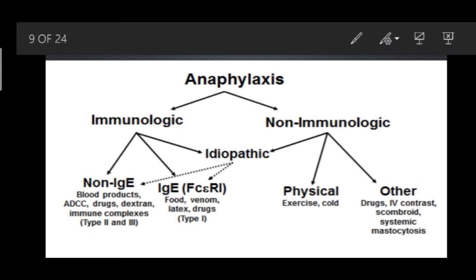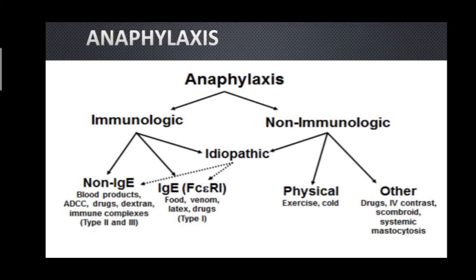In the case of immunogenic, either non-IgE or IgE is involved in the reaction. When blood products, ADCC, which is antibody dependent cell mediated cytotoxicity, dextran, and immune complexes, which are allergic reactions, are present in the body, then non-IgE is involved. And if affected by food, insect venoms, latex, some drugs, those are IgE.